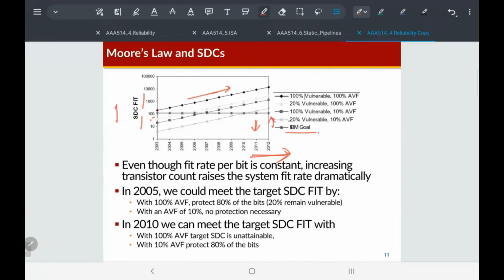But if this is the error rate, and it is 20% vulnerable but 100% AVF, the graph looks like this. Based on some vulnerability and AVF assumption, we can also set the goal like this. But as you can see, even though the vulnerability is low and the AVF is just 10%, we cannot meet the IBM target. Okay, so that's the problem.